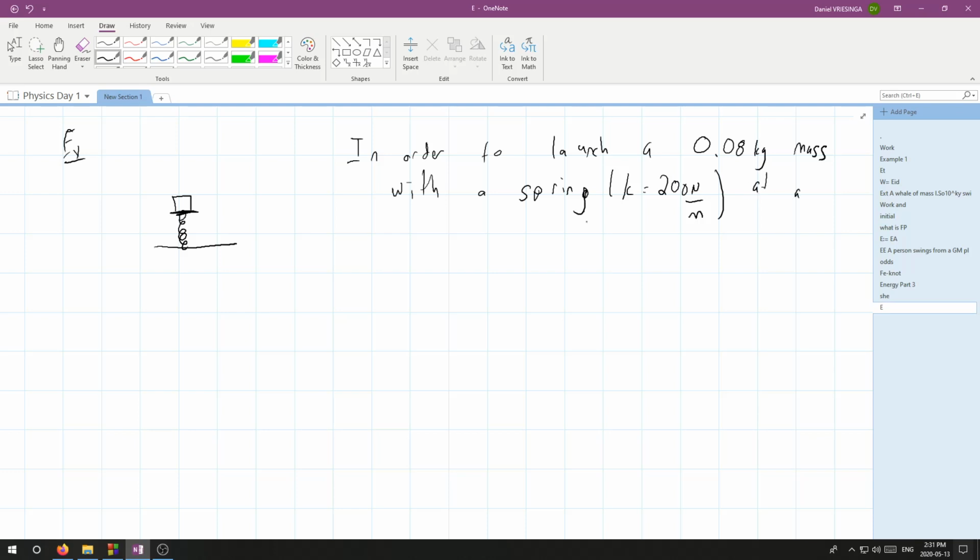So in order to launch a 0.08 kilogram mass with a spring at a max height of, let's say, I don't know, 2 meters, how much will the spring need to be compressed?